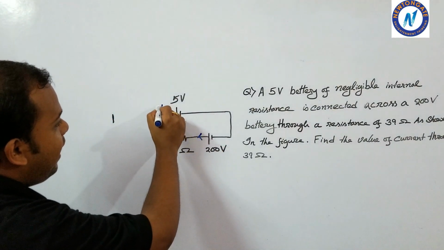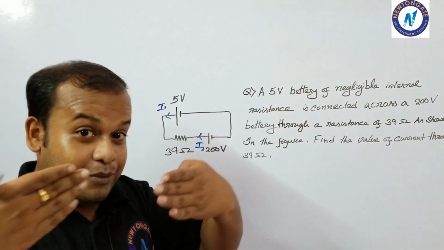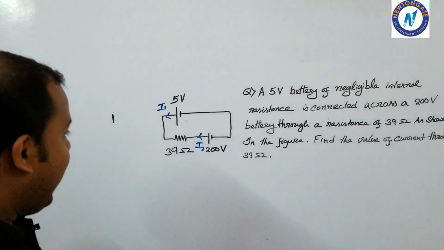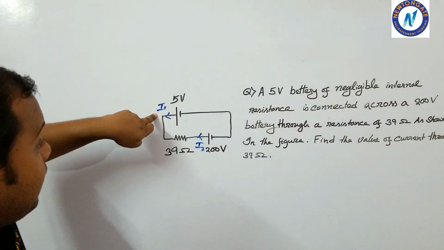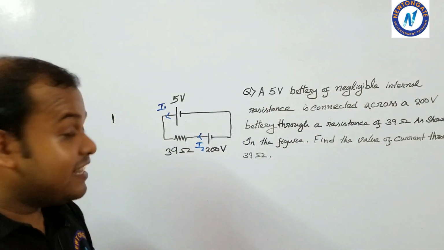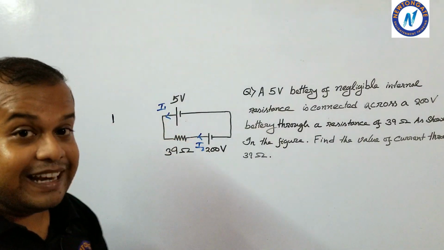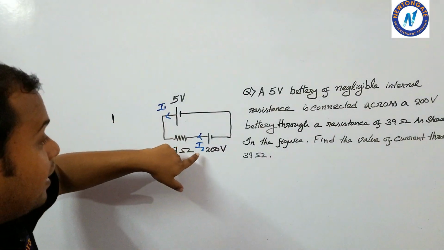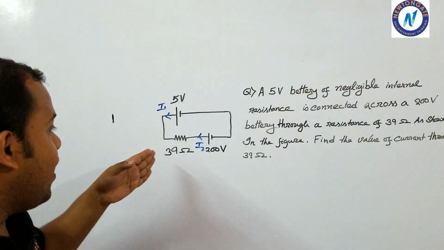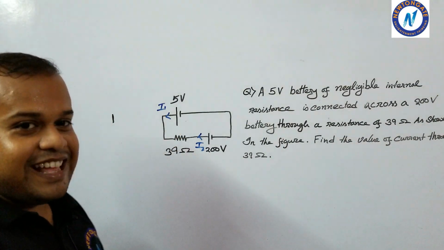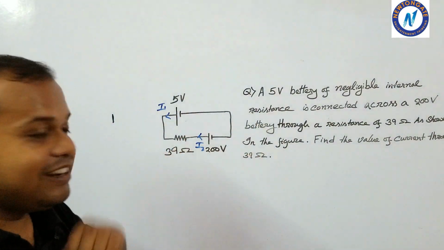Like if I consider this to be I1 and this to be I2, then the direction of I2 and I1 is opposite to each other. And hence, can I say that the net current, that is the difference between these two currents, will be the net current through this 39 ohms, right? So let us try to find out the net current through this.